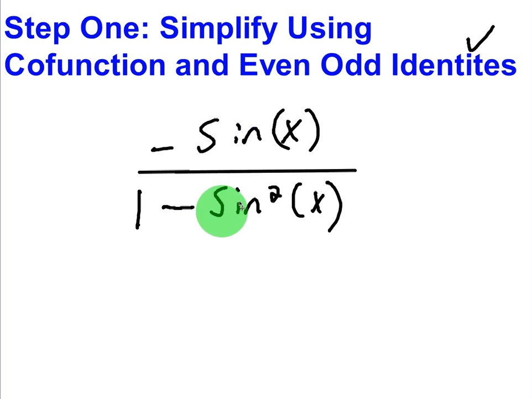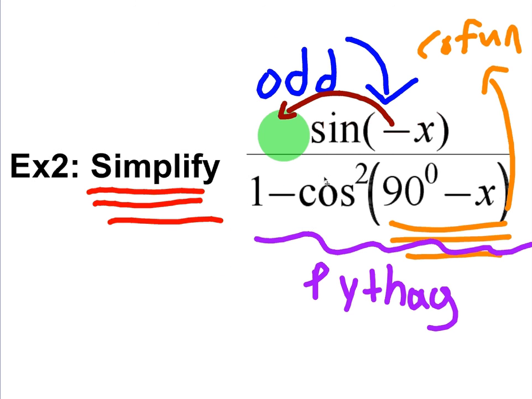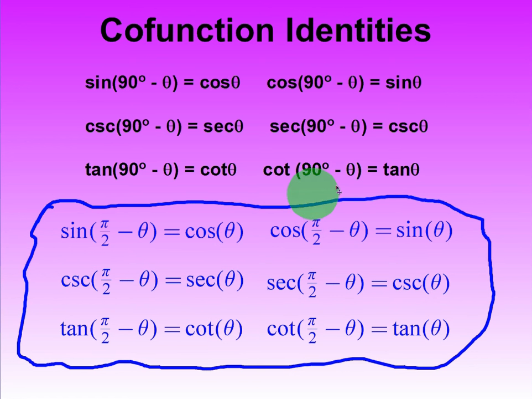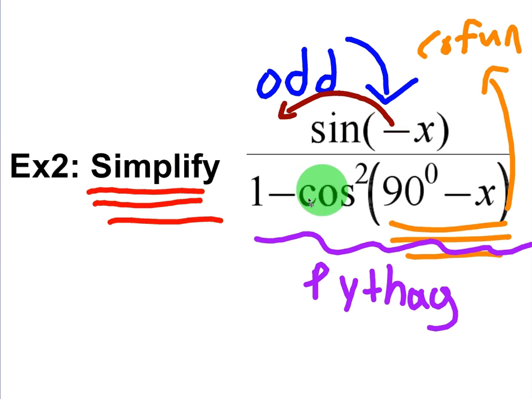Notice on the bottom as well, cosine of 90 minus x is equal to sine. And 90 minus theta is the same thing, right? 90 minus x. So cosine of 90 minus x is sine of x. And so we can do that in the same step. So this is just going to become sine squared of x.